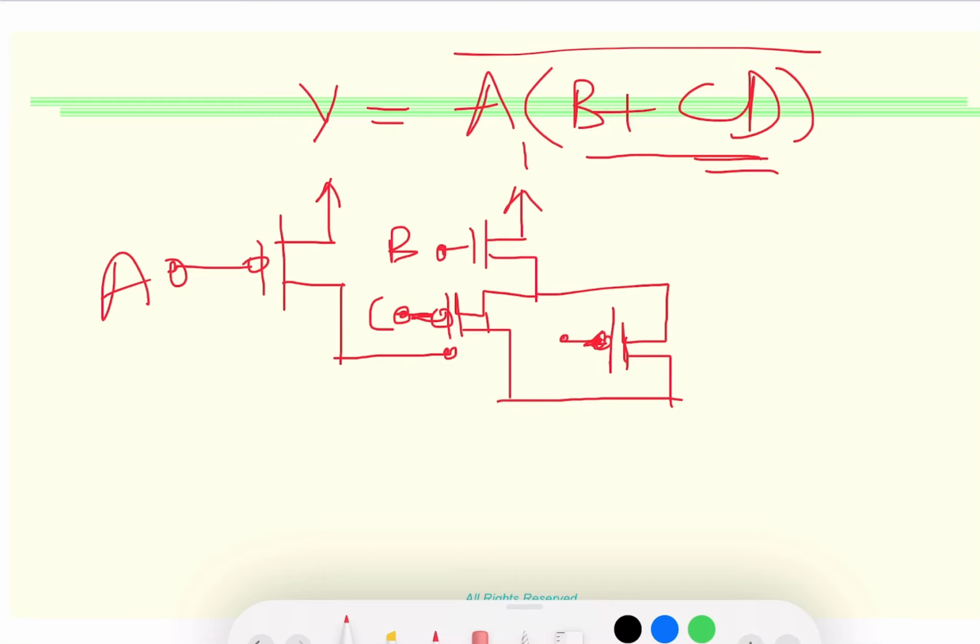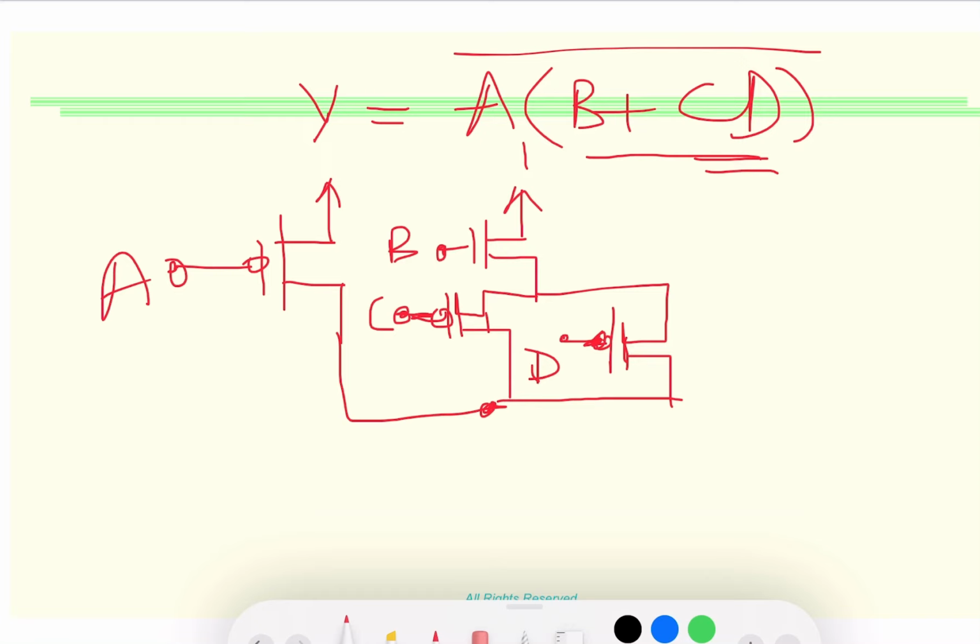They come together, so these are in parallel to A prime. So this is C and this is D.